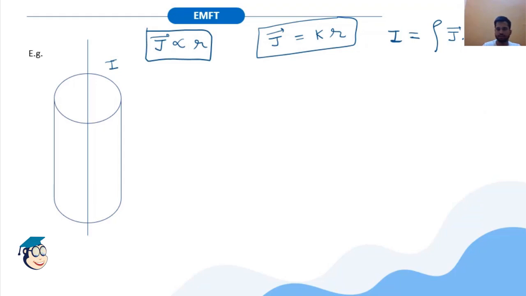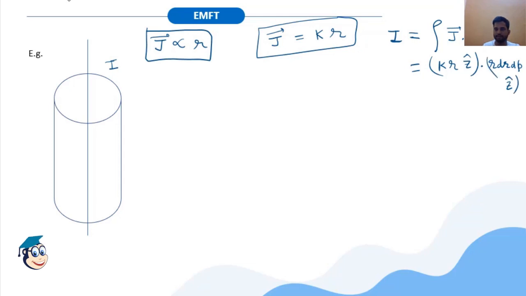Now I have to use that J is K R times what is the direction of J. So we know the direction of J is along Z cap. Okay, so area vector in this case would be R dr d phi times Z cap.